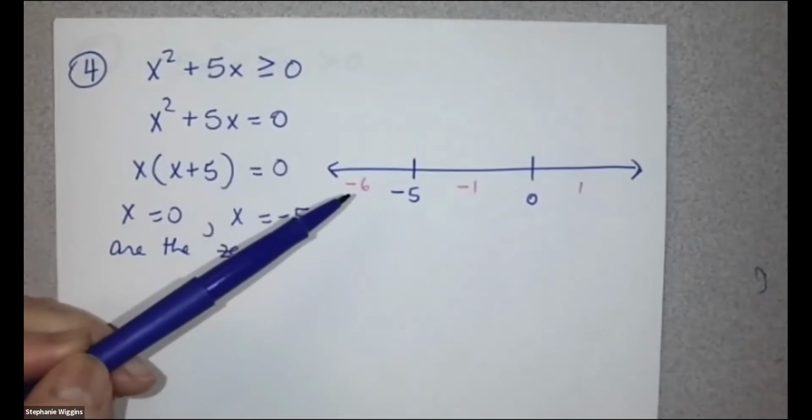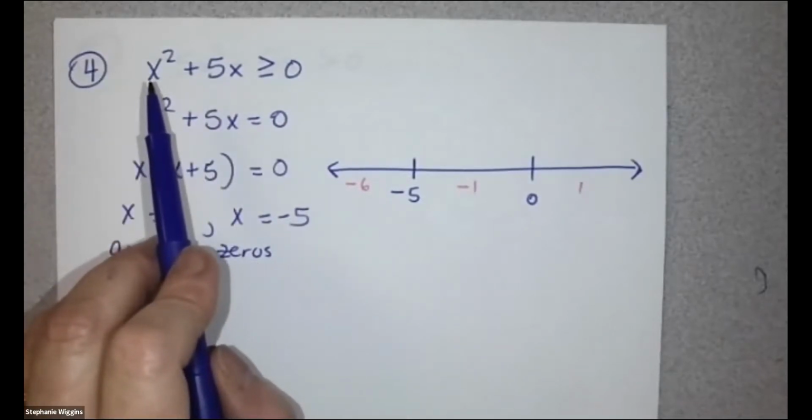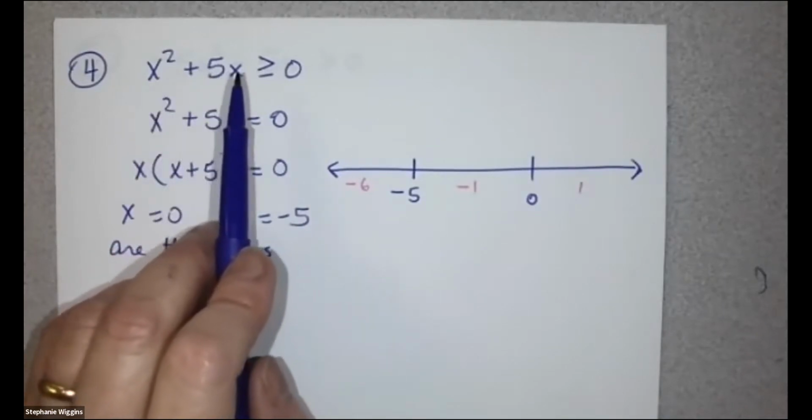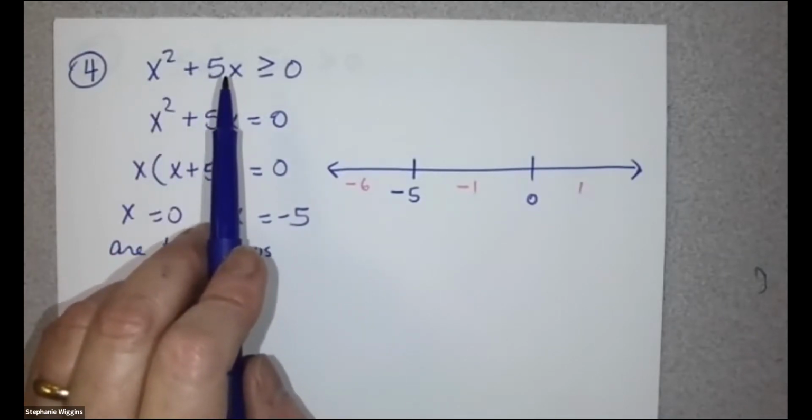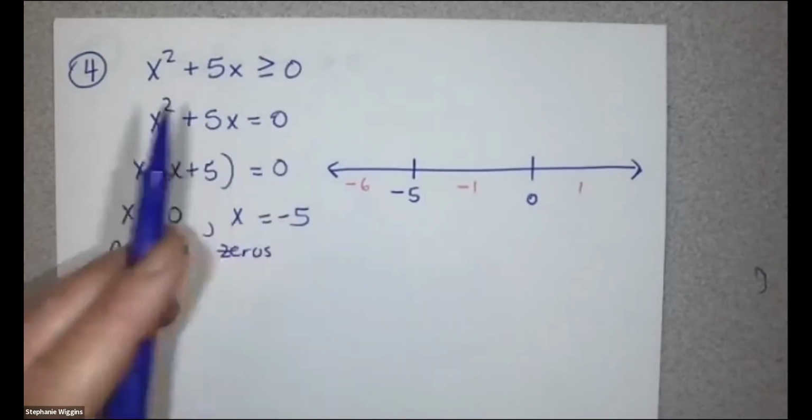So here we're plugging in -6. I get -6 squared, that's 36. 5 times -6 is -30. So I'm going to get 36 minus 30 is 6. Is that greater than or equal to 0? True.